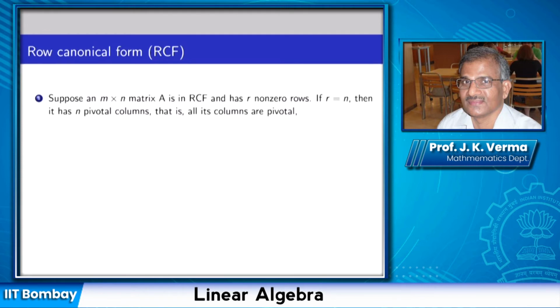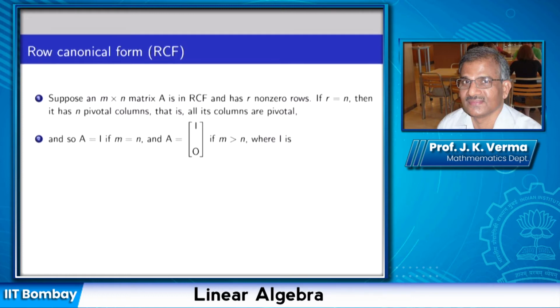are pivotal columns. So if A is in row canonical form and it's a square matrix, if m equals n and it has n pivots, then it must be the identity matrix. All the columns are pivotal columns, so the matrix looks like this.